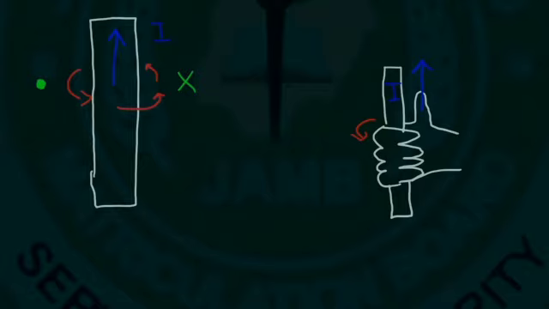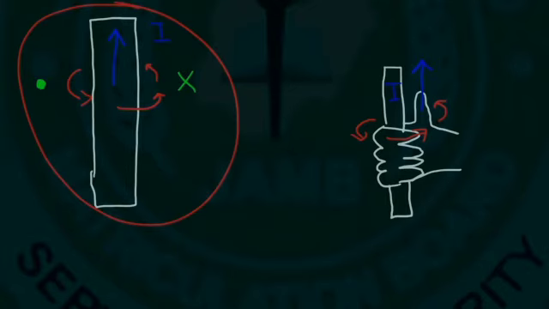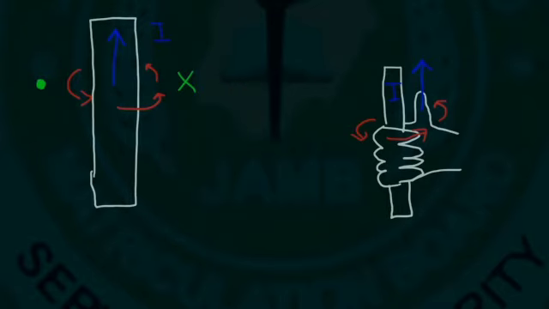It comes out of the page on the left side, and it curls into the page on the right side. That represents the direction of the magnetic field. I want you to remember this picture because we're going to use it a lot when trying to figure out the direction of the induced current. This picture is based on the right-hand rule.